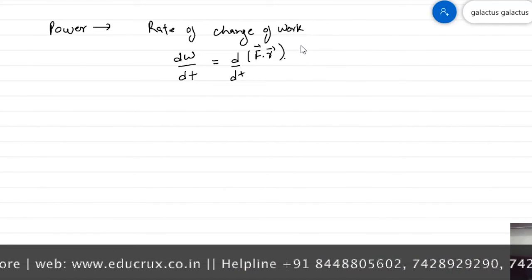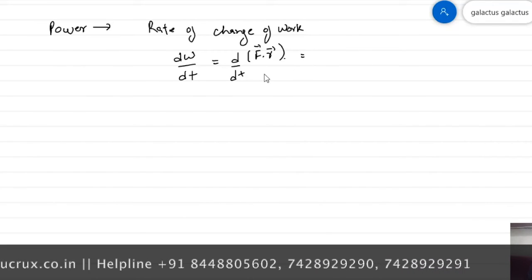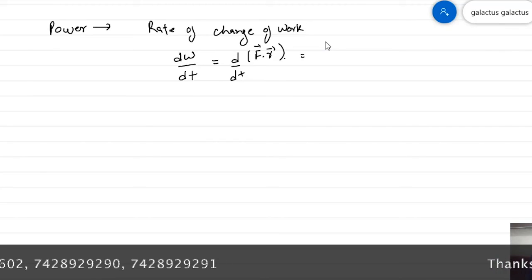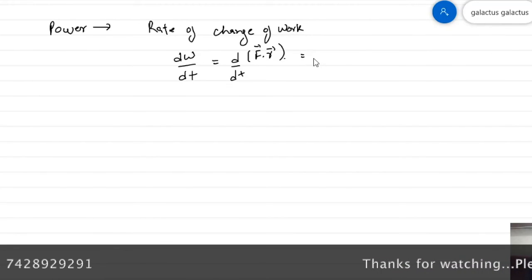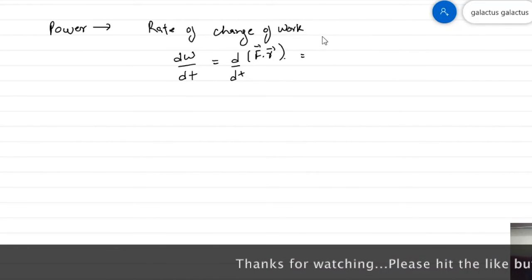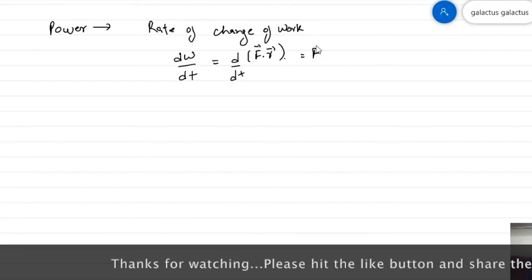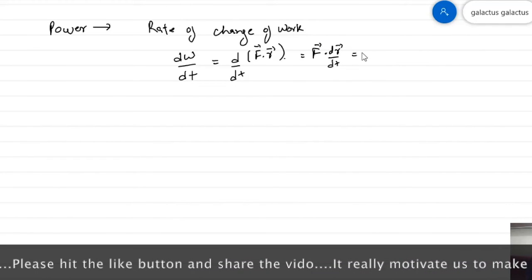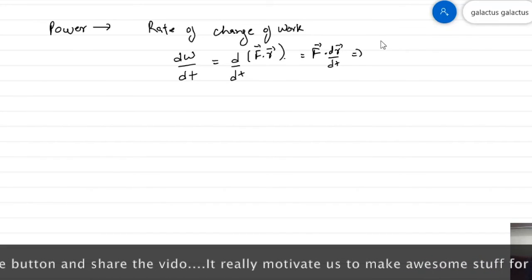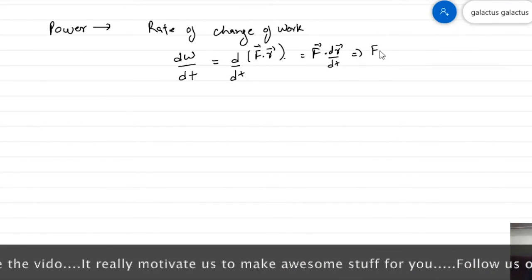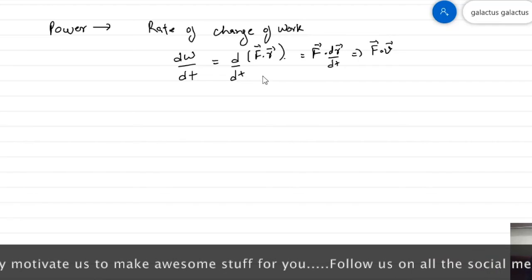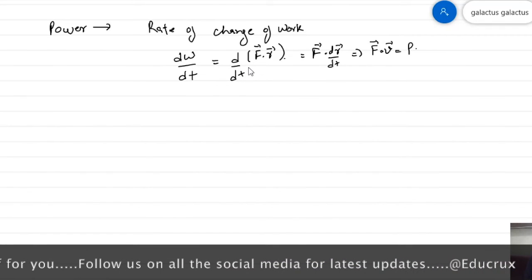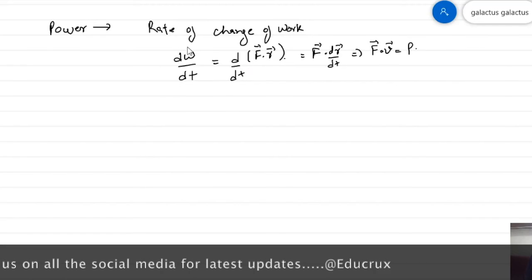Then, if my force is constant, I can write F dot dr by dt, and my value for dW by dt will change to F dot v. So this is my definition of power when I simplify this expression.